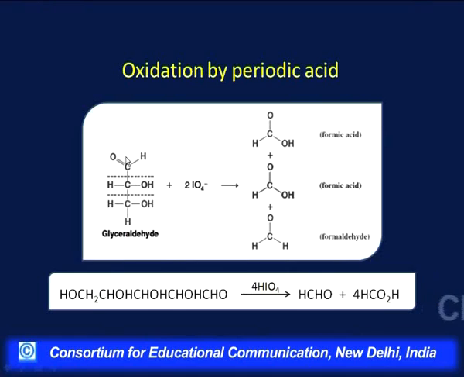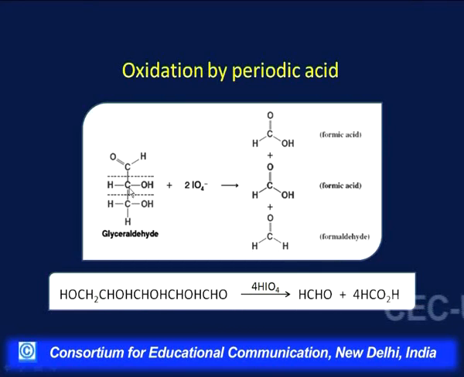Let us take the example of glyceraldehyde, that is taken as the smallest carbohydrate. If this is treated with periodic acid, it will be cleaved here, this carbon will get 1 more hydroxyl and will be converted into a molecule of formic acid. This lower carbon which has 1 hydroxyl will get 1 more hydroxyl, then eliminate a water molecule and convert into a molecule of formaldehyde.